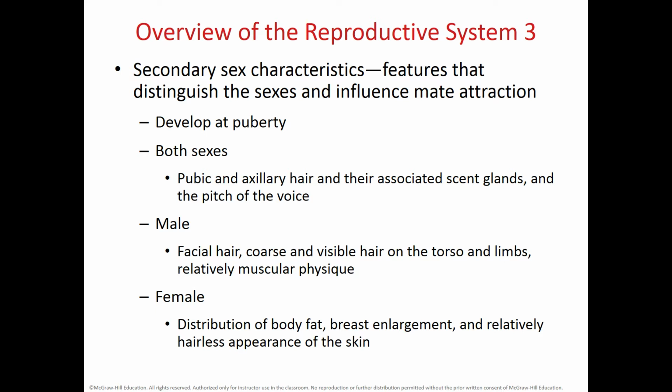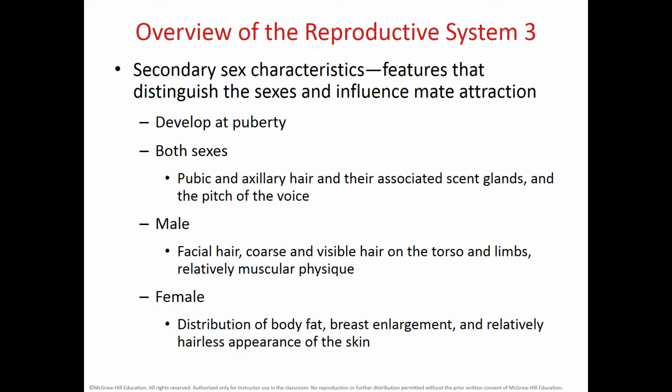In both sexes, the secondary sex characteristics are features that help to distinguish the sexes and influence mate attraction. These secondary sex characteristics develop at puberty under the influence of different hormones like testosterone and estrogens, that in both sexes make the pubic and the axillary hair develop in these areas, and also the glands that are in the skin of these areas become more active.